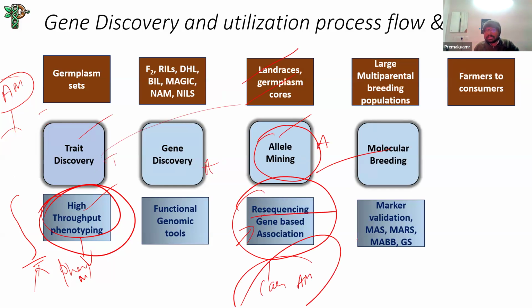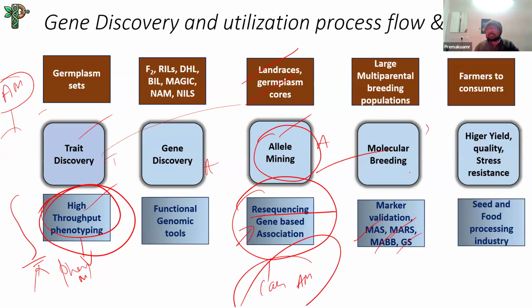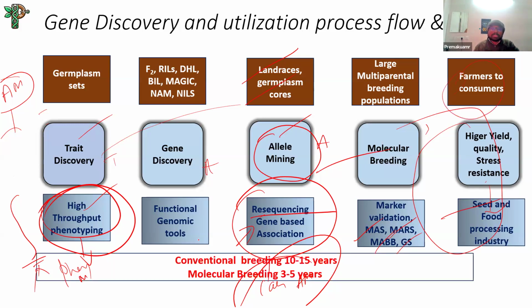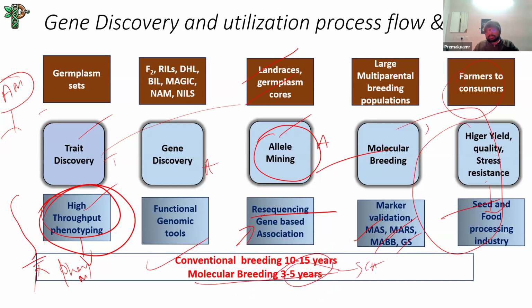Then we can use marker assisted selection, marker assisted recurrent selection, MABB, genomic selection. Then we can improve the particular plant, food, whatever it may be, and sell it to the seed industry, food processing, and finally to the consumer. What is the advantage? Conventional breeding takes 10 to 15 years, but molecular or genomic assisted breeding takes only 3 to 5 years.